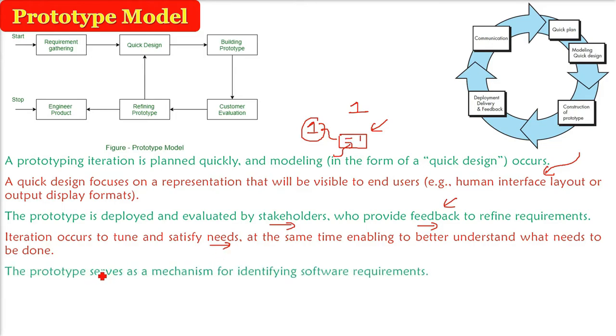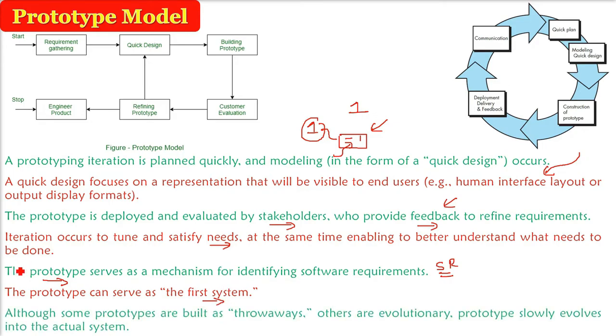So the prototype, what you are giving, say 1 month, 1 year software, 1 month you are giving, this is all about identifying the clear software requirement, what the user wants, what the user functions and features you are going to put in the software. So prototype is like a first system, first product you are giving to the user to evaluate. Most of the time, this prototype is a throwaway.